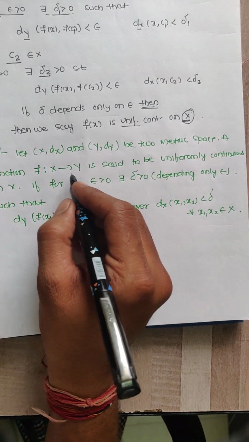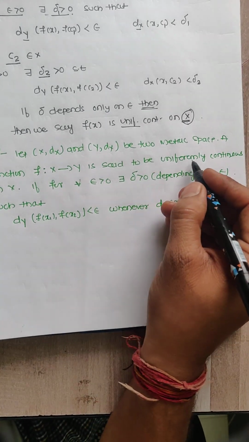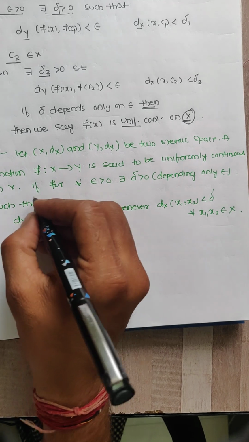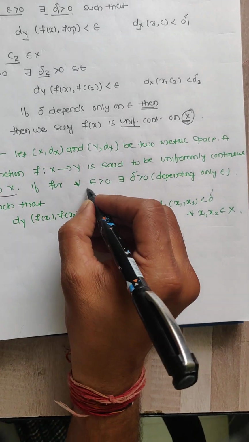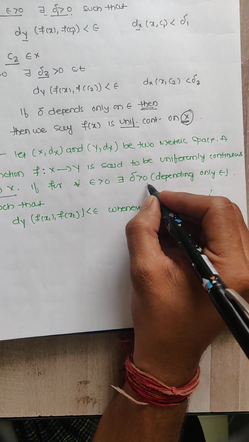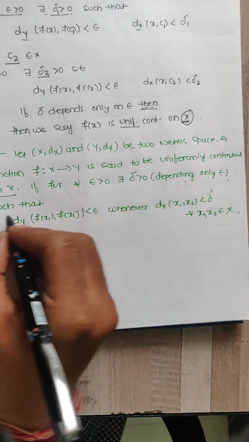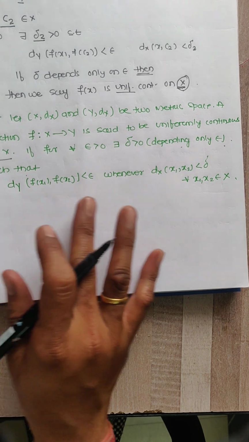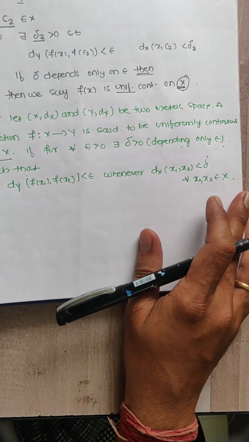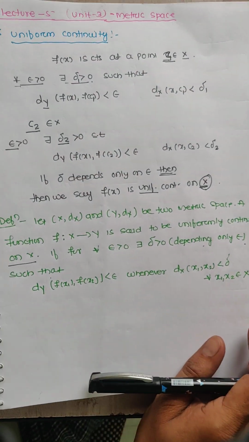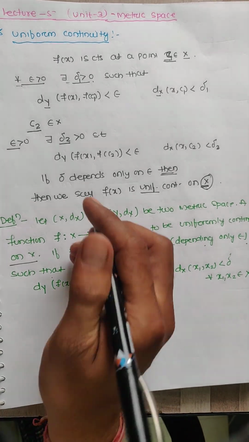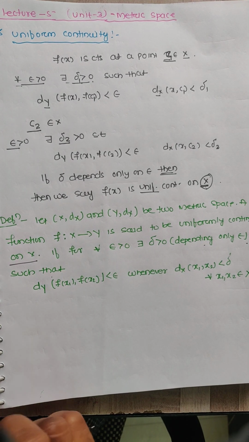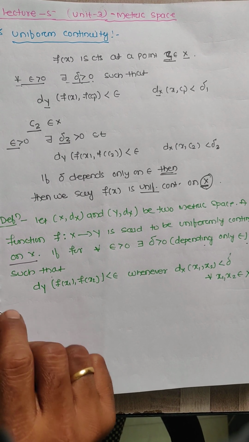A function f from X to Y is said to be uniformly continuous on X if for every epsilon there exists a delta, depending only on epsilon, such that the following statement holds. First of all, for every epsilon there exists a delta which works irrespective of the points.